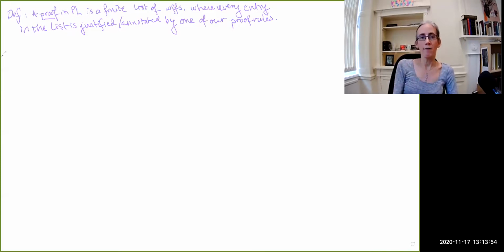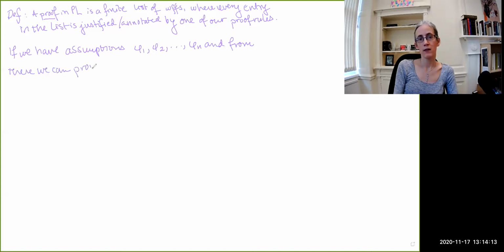So if we have, say, assumptions phi 1, phi 2, all the way up to, say, phi n, and from these we can prove some formula psi, then this is what we write. We write phi 1, phi 2, dot, dot, dot, phi n, single turnstile psi.